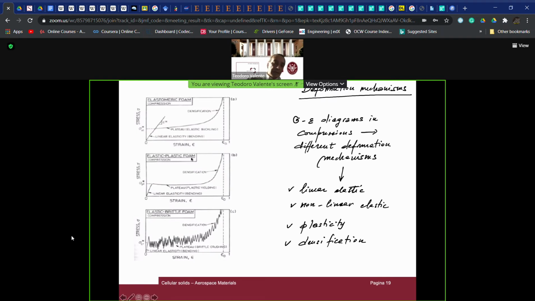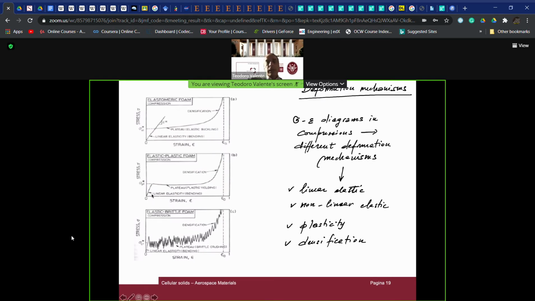So this is, let me say, the first one, the qualitative behavior which we can expect for base materials fabricated as cellular solids having an elastic behavior till densification happens. The second case is the case in which the base materials used to fabricate the cellular solids have an elastoplastic behavior.